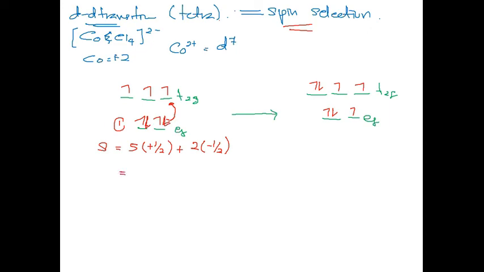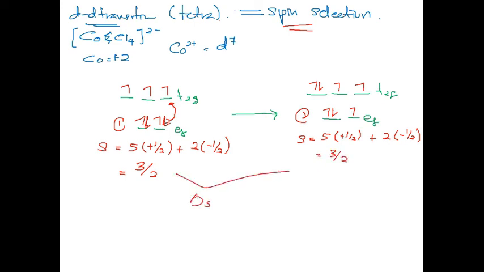So you will get 3/2. What about the second diagram? It is also 5 times positive half plus 2 times negative half, so you get 3/2. Then you look at delta S. So this delta S will be 0.